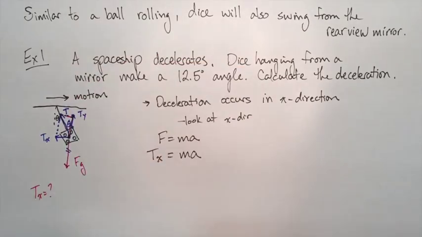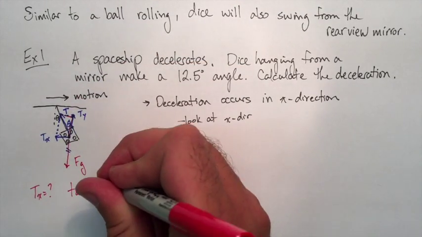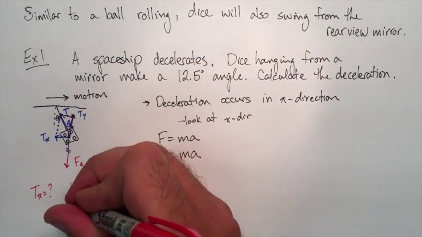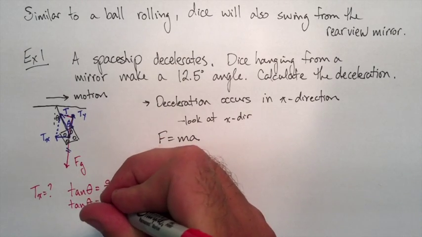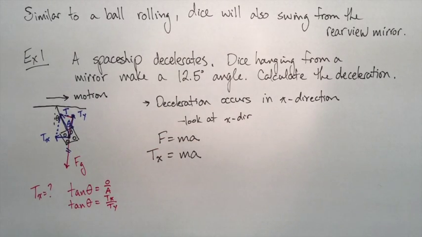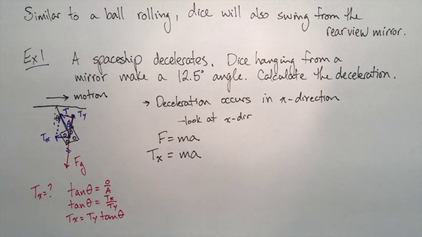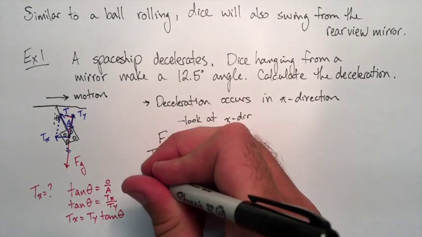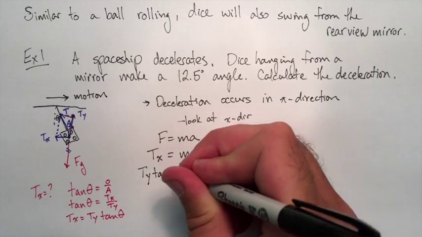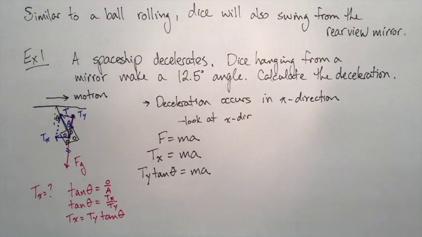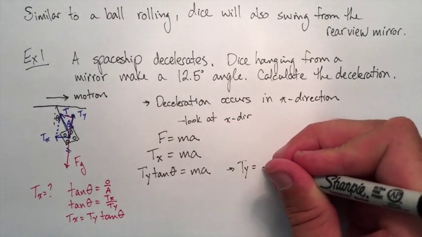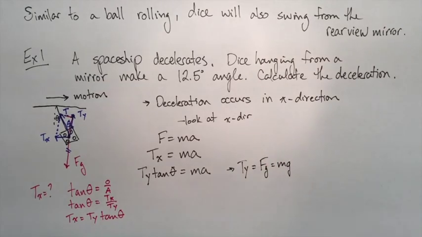Tx, we can relate it to Ty through tan. Tan of an angle is opposite over adjacent. So tan of the angle is Tx over Ty. So here Tx is going to be Ty tan theta, and we can sub that in for Tx. Why that's handy is because Ty we know is equal to Fg, which is mg.